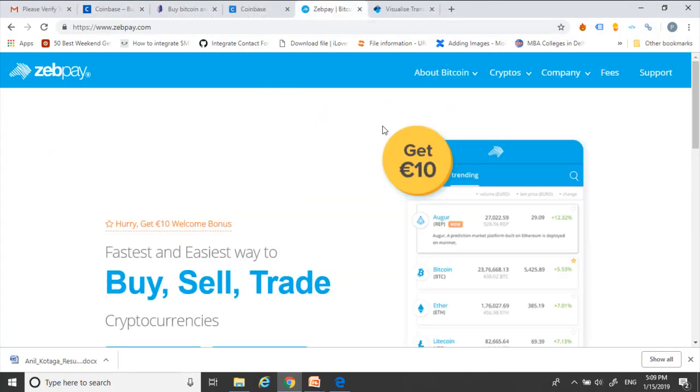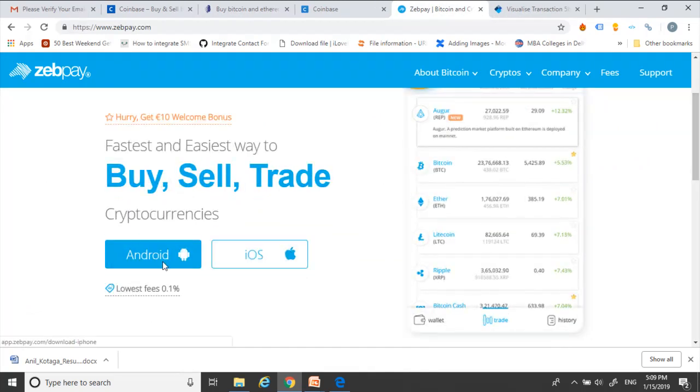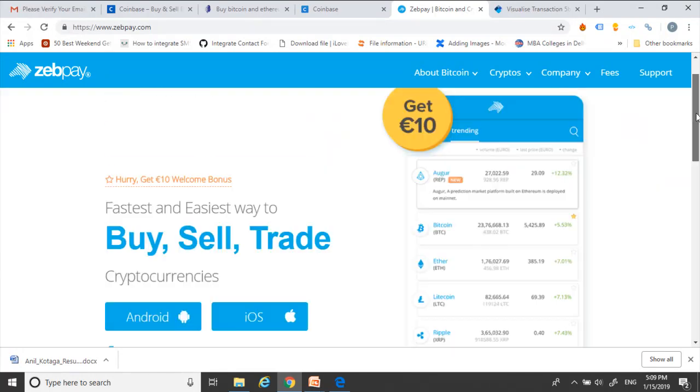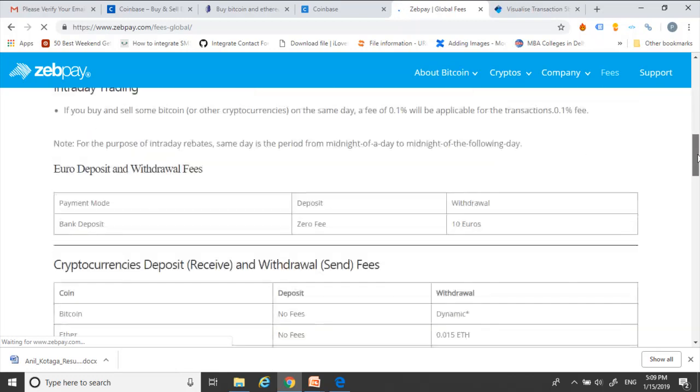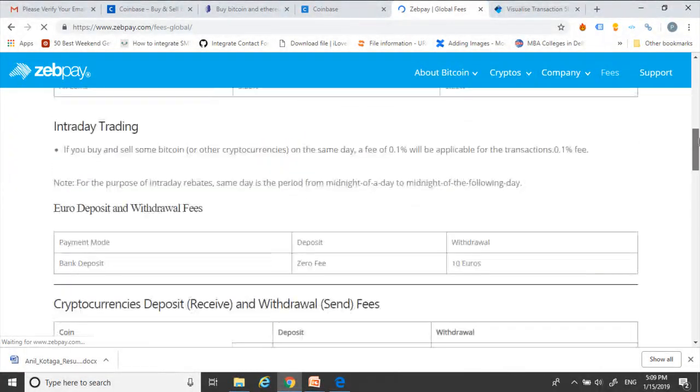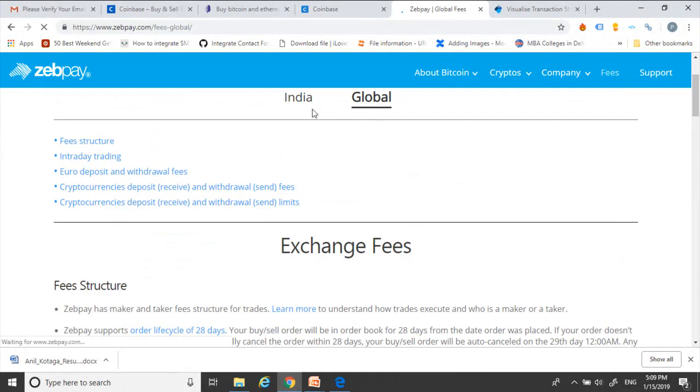We have another one called JapPay. You can download the Android app and trade through JapPay, but they have slightly higher transaction amounts. If you look at the fees, the deposit fees are not too big here. Deposits are free. As you see, we have India and global.